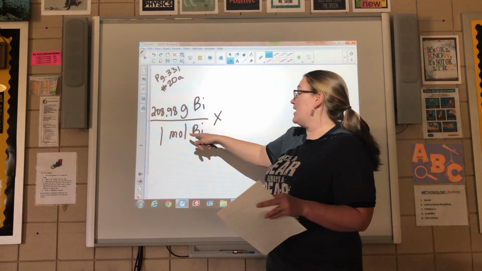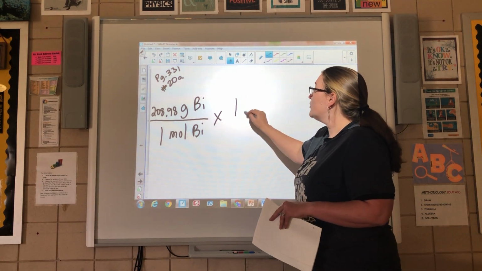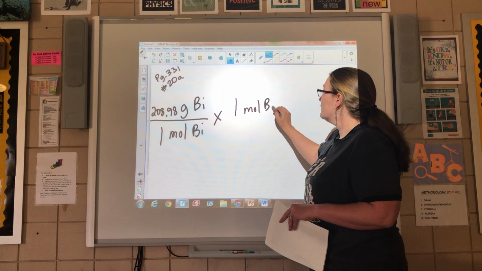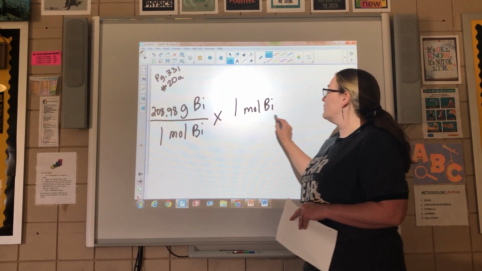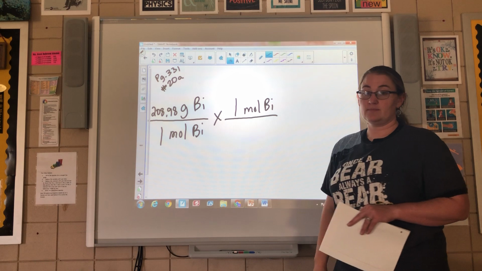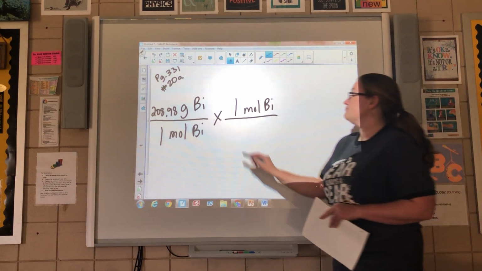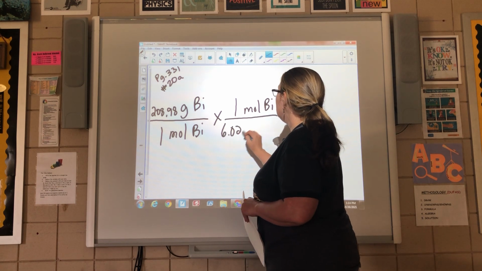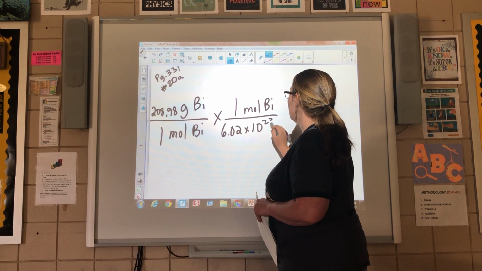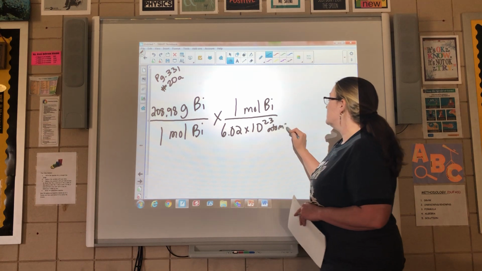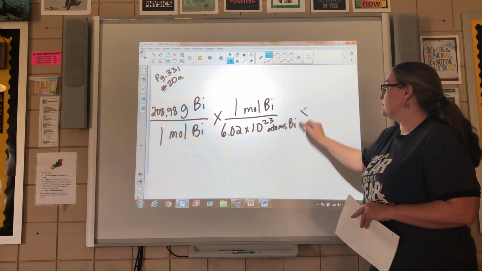I need to cancel it out. So I'm going to put 1 mole of bismuth up here. Well, what do I know about 1 mole of bismuth? I know that 1 mole of bismuth has 6.02 times 10 to the 23rd atoms of bismuth.